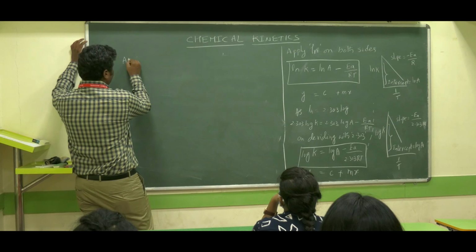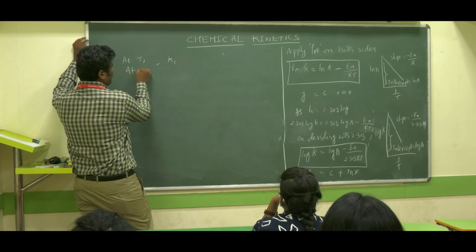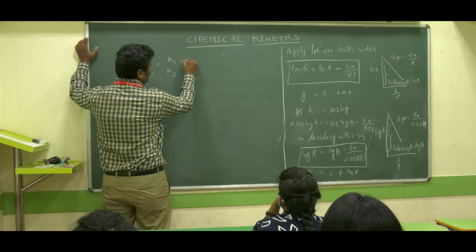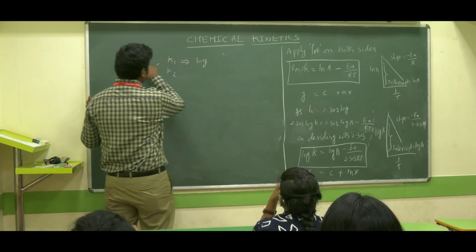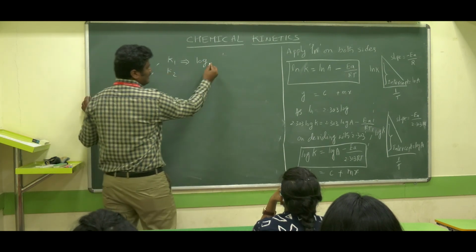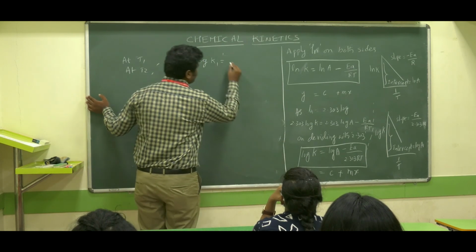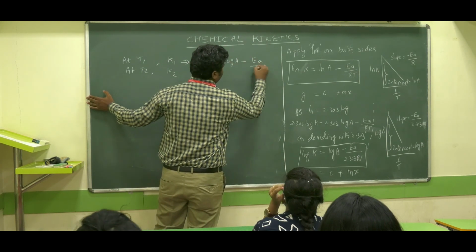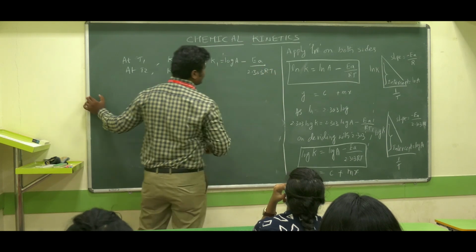At a temperature T1 we can say the rate constant is K1, and at a temperature T2 the rate constant is K2. So at T1 we can say log K1 equals log A, which is constant here, minus Ea by 2.303 RT1.